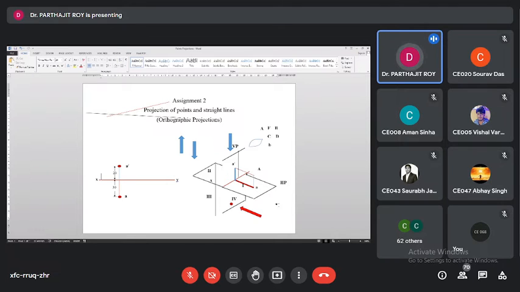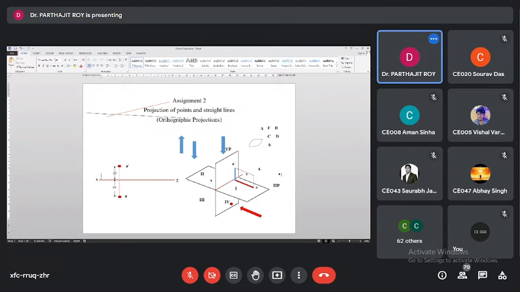When we come to the third angle, the object is lying behind the vertical plane and below the horizontal plane, and we get the front view below the XY line, the top view above the XY line. When we come to the fourth angle, both of the views are coming below the XY line. Isn't it? Yes, sir. So that's the difference between the first angle, second angle, third angle, and fourth angle projections.